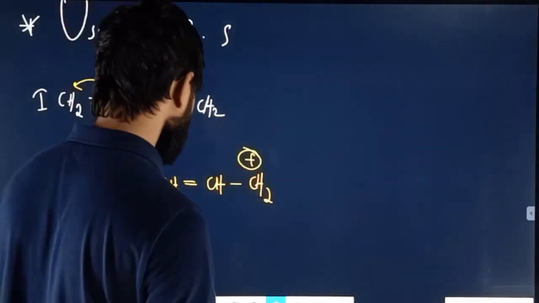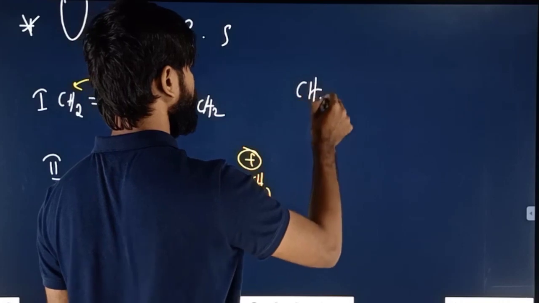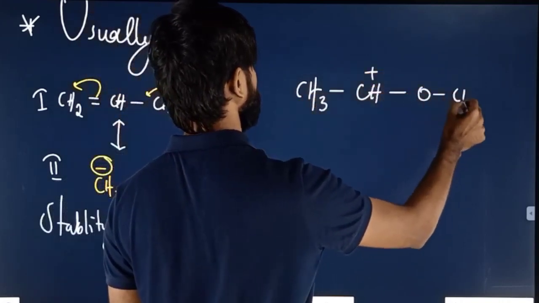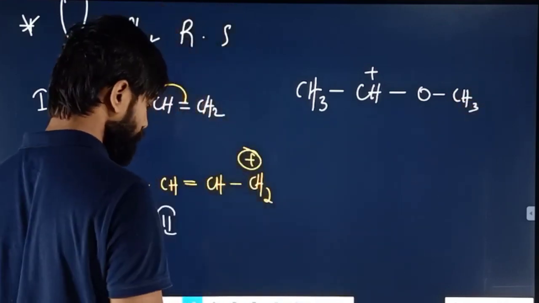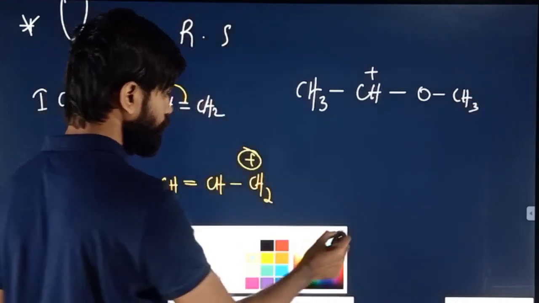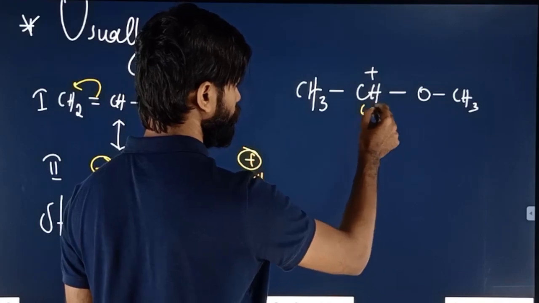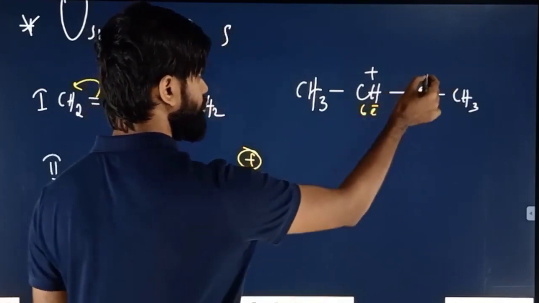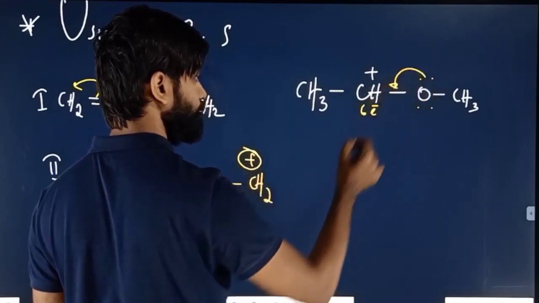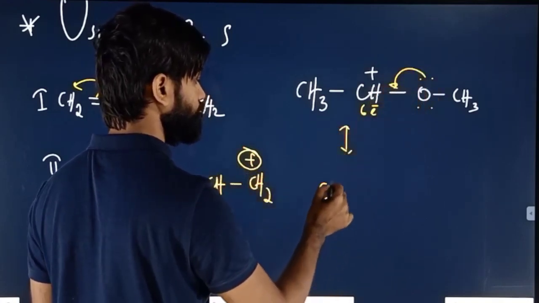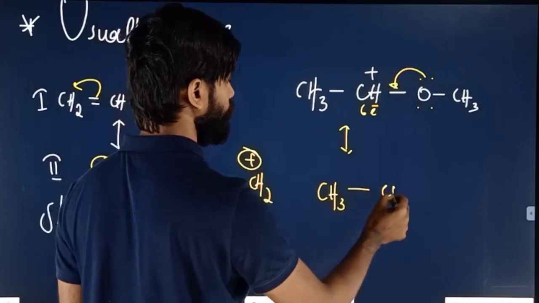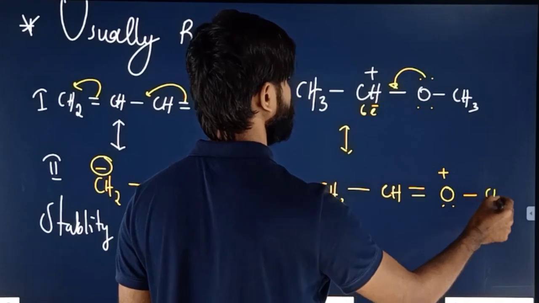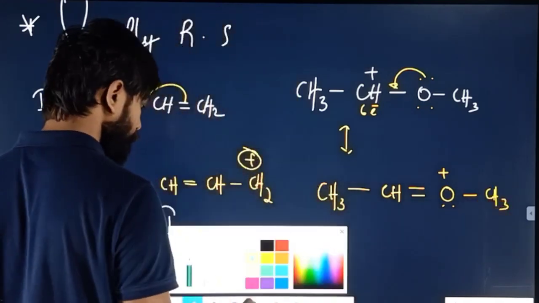Okay. The next idea, if you consider the octet of this one, a carbocation has only 6 electrons, where the octet is not complete, whereas all others have a complete octet. If you consider the resonance structure like this, now your carbon is okay, and here is a double bond, here is a positive charge, CH3.